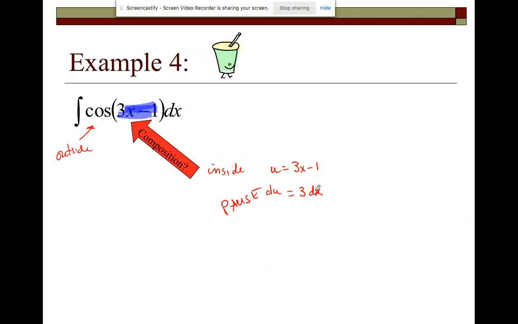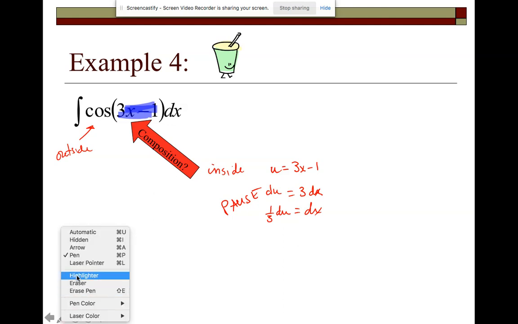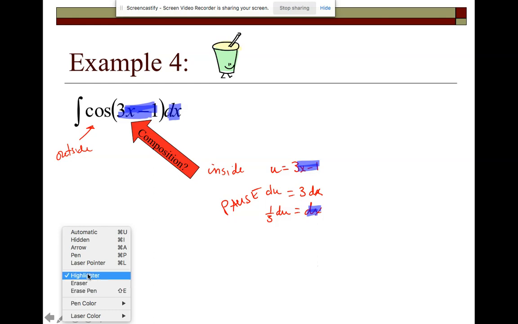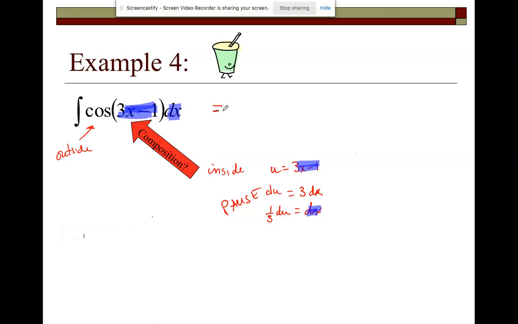Du, what's the situation here? I need to get the x stuff by itself because I need to highlight just dx, not 3dx. So get dx by itself. Now get your highlighter out. And substitute.